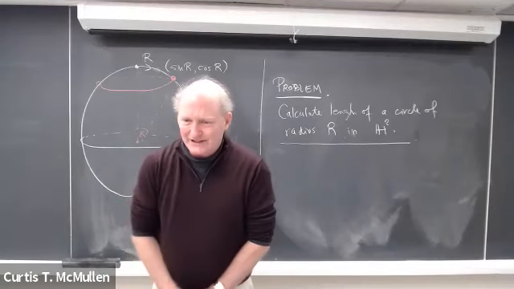Yes, Jonathan. It's not quite a full solution yet, but we were trying to work in the disk model. We were in the middle of expressing the actual radius, the hyperbolic radius, in terms of what the Euclidean radius is in the disk model.